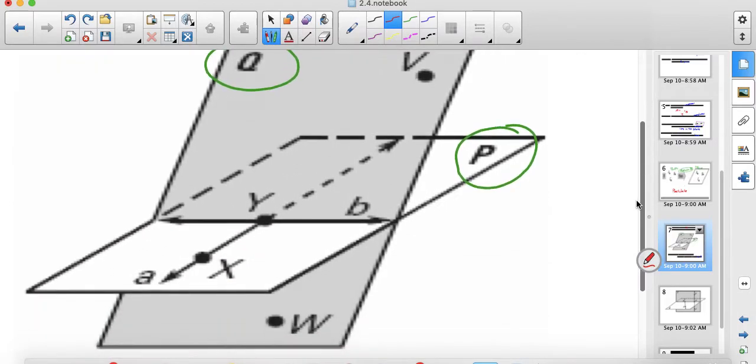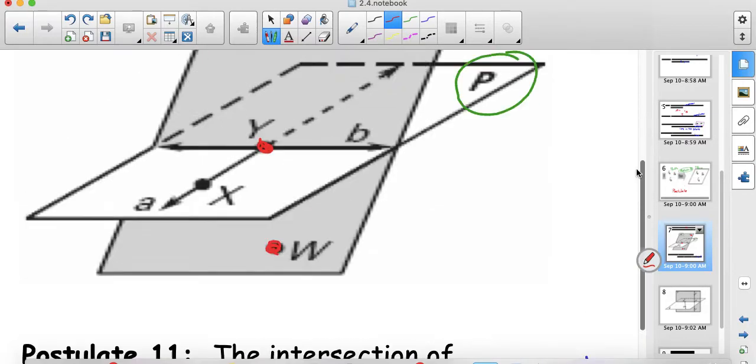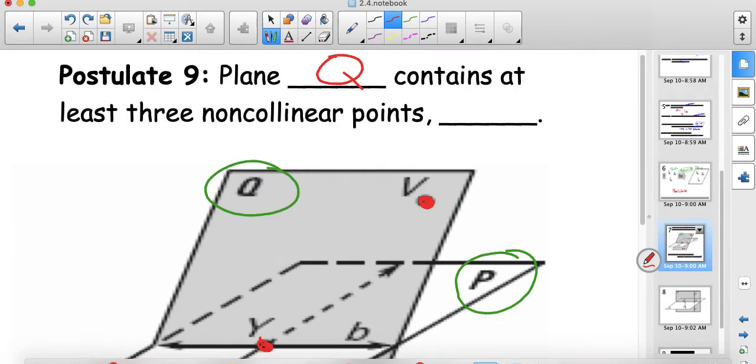So now we need to figure out what are the 3 points that are on my plane. Looking for your dots, I got point V, I got point Y, and I got point W. So points V, Y, and W are my 3 non-collinear points.